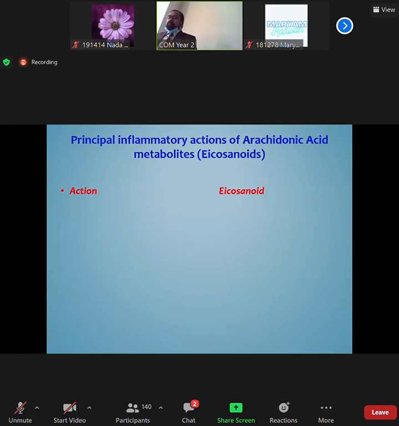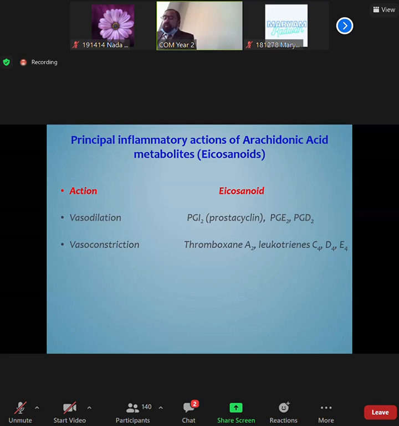Okay, then what is the action of these? They cause vasodilation, which is caused by prostaglandin I2, which is prostacyclin, and prostaglandin E2 and D2. Then we have vasoconstriction caused by thromboxane A2 and leukotrienes C4, D4, and E4. Increased vascular permeability is caused by leukotrienes C4, D4, E4, and prostaglandin E2 and D2.